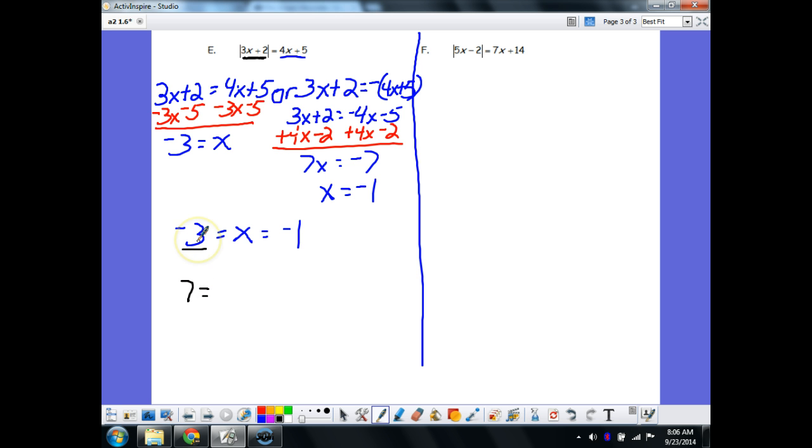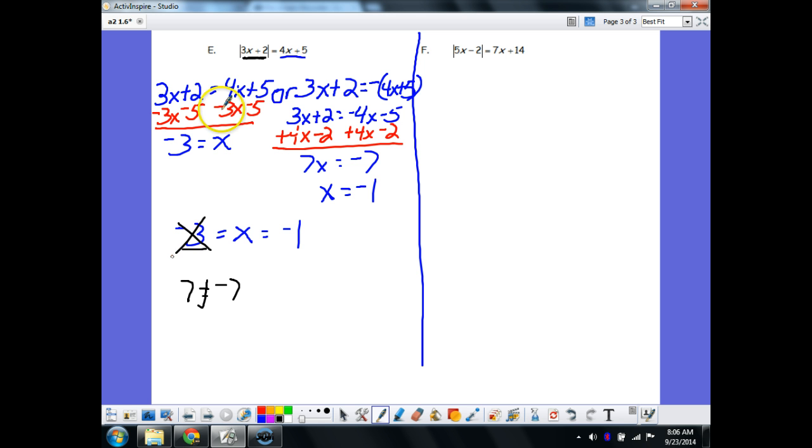And then when we plug negative 3 in for x on the right side, we have 4 times negative 3, which is negative 12, plus 5, which is negative 7. Well, the problem here is that 7 is not equal to negative 7, so therefore negative 3 does not work. It's not a solution because it doesn't work in the original equation.